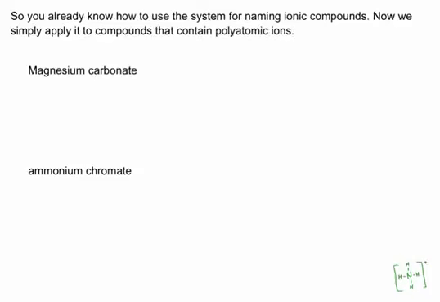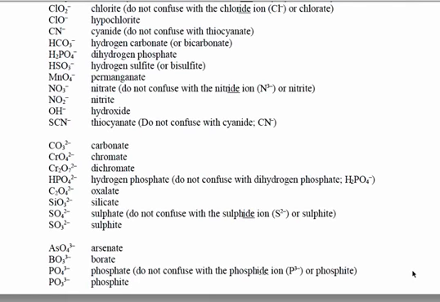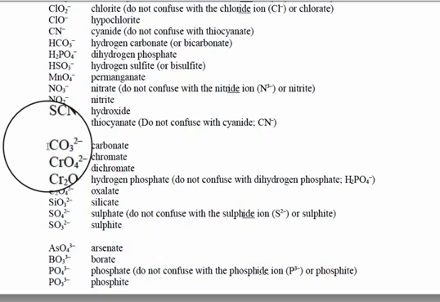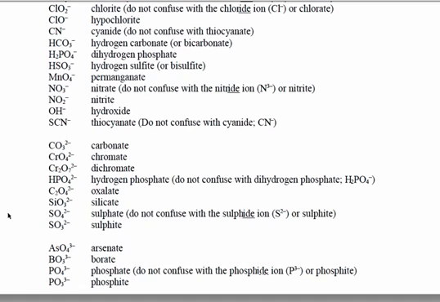So in terms of naming, it's pretty straightforward then. We simply put together anions and cations. We're going to put together magnesium carbonate, so that's obviously made up of magnesium, which you know. Let's look for the carbonate polyatomic ion. And so there's the carbonate polyatomic ion, CO3 2- carbonate.